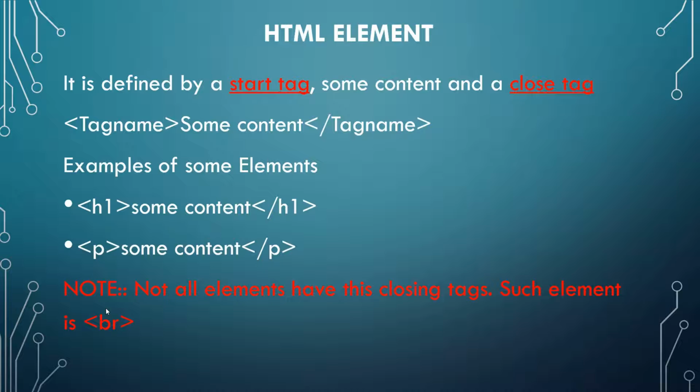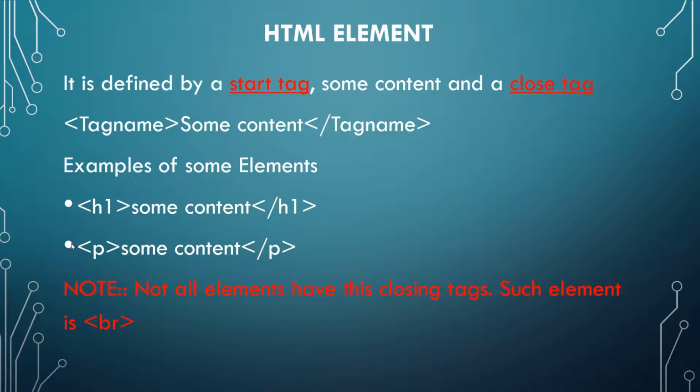So it doesn't have a content, and it doesn't have a close tag. It stands alone. So in everything we have an exemption, and this is one of the exemptions in HTML elements. This actually doesn't operate with close tags. So this is what HTML elements are.